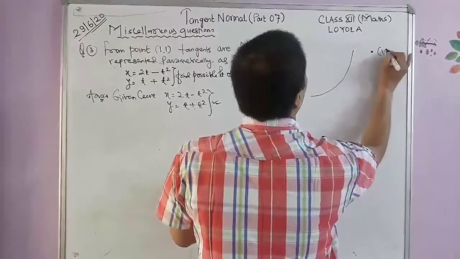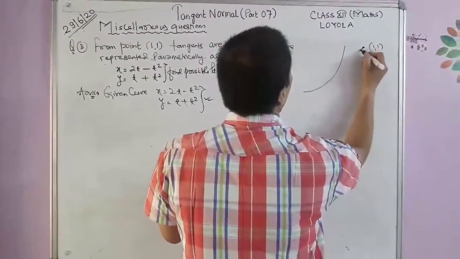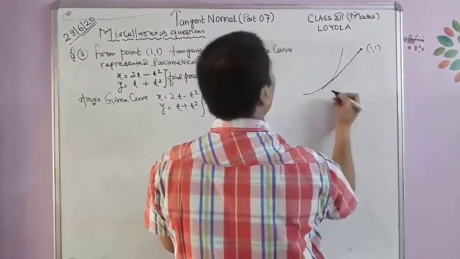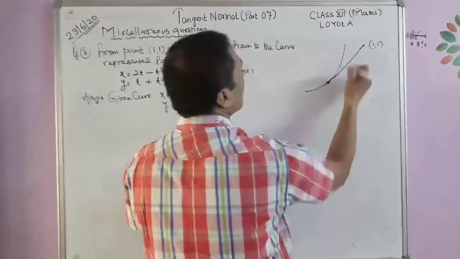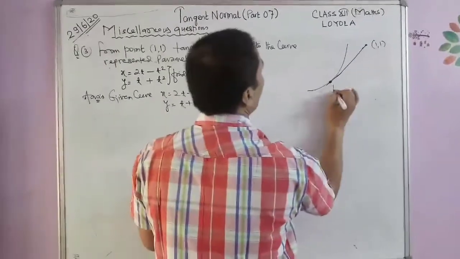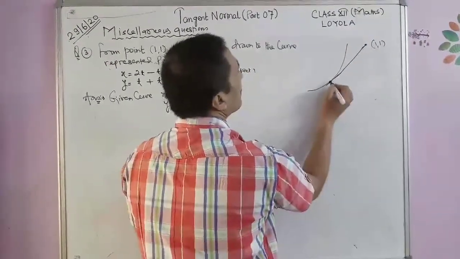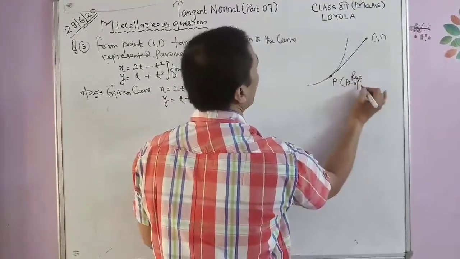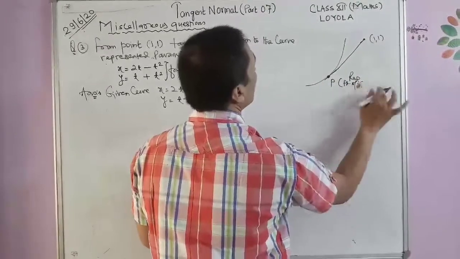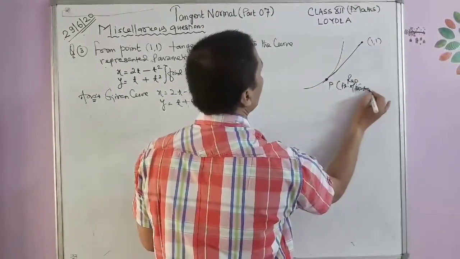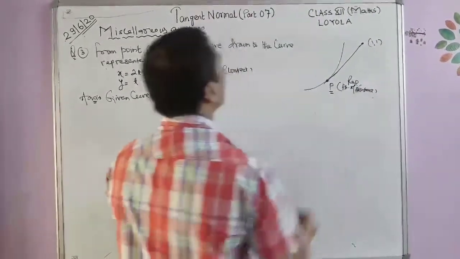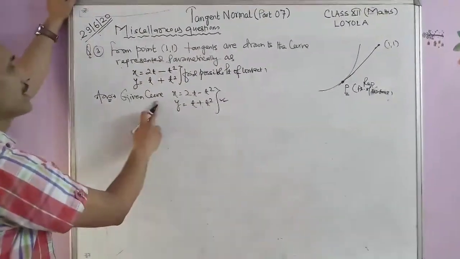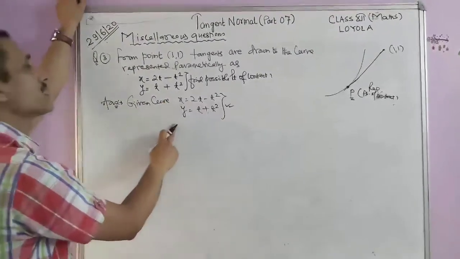Assuming (1, 1) is an external point and we draw a tangent to the curve. If this tangent meets at point P, then P is the required point of contact. We have to find the coordinates of this point P. Here the given curve is in parametric form.